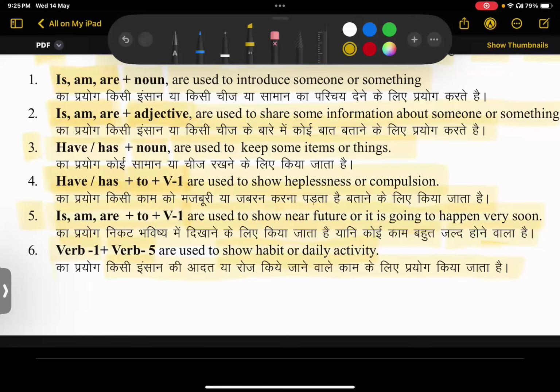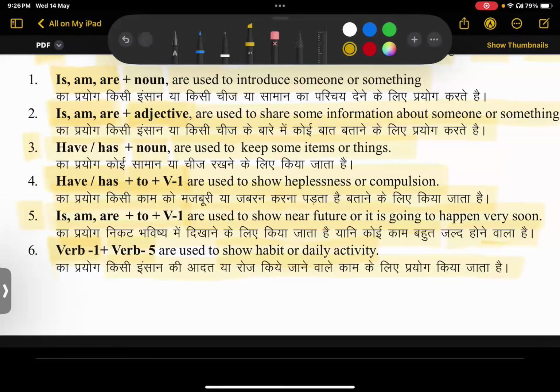We use first form to speak those sentences where we show our day-to-day activity, our daily routine. If you say, I take tea, what does it mean? It means I'm talking about my daily activity, that when I feel like taking tea, I take tea. So verb in first form or fifth form is used to show daily activity, a habit in present tense.